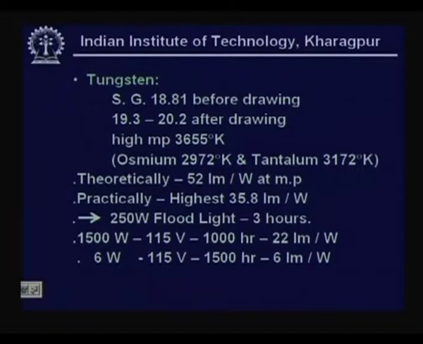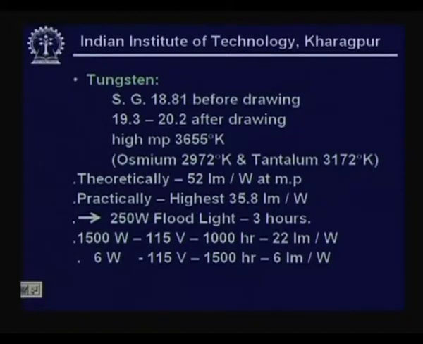You have on the high end 250 watt floodlights which have a life of about 3 hours. That is the lowest life, and you do have normal 40 watt lamps which have a life of about 1000 hours.